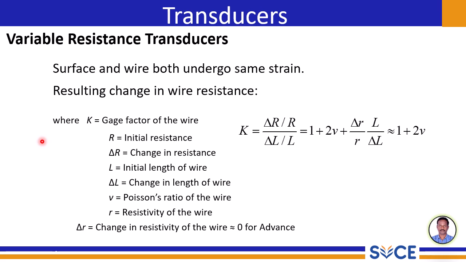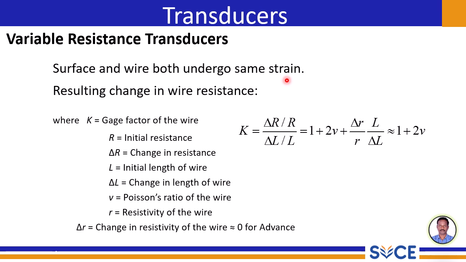Continuing our discussion on variable resistance transducers, specifically strain gauges: the fundamental relationship that allows us to quantify strain through resistance measurements. The first key point here is that the surface to which the strain gauge is bonded and the fine wire within the gauge both undergo the same strain.